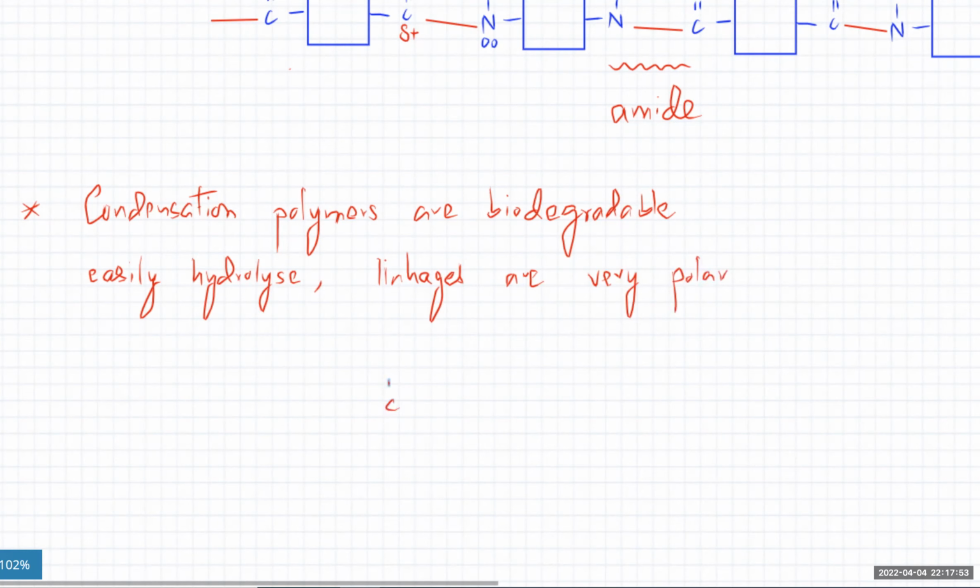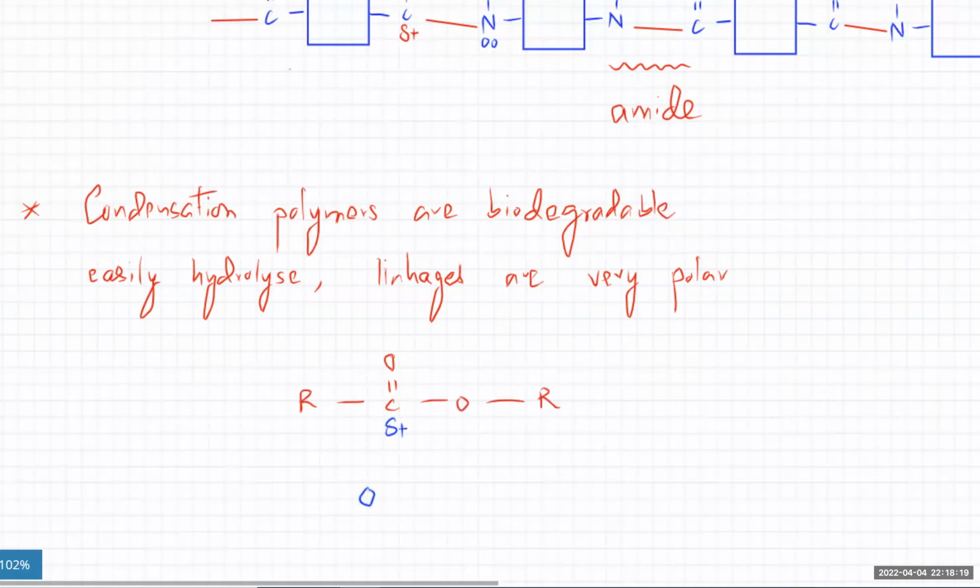As an example, if I have an ester link, and let's just put an R over here, I don't care what's on this side. Firstly, the carbon is really positive.